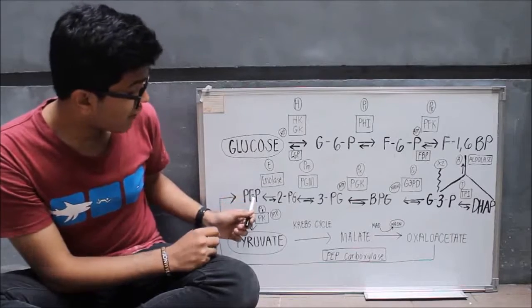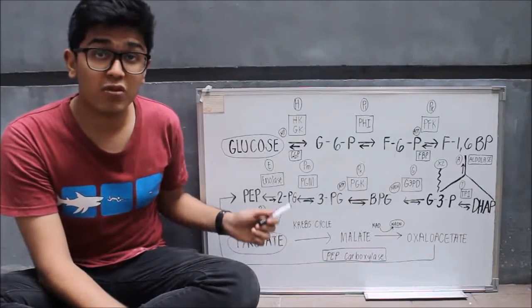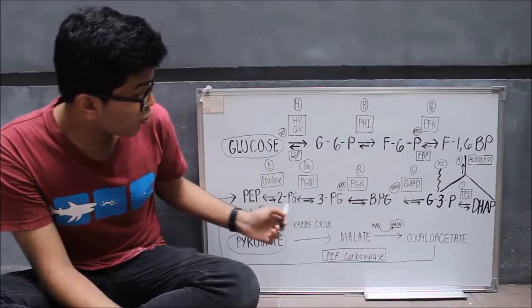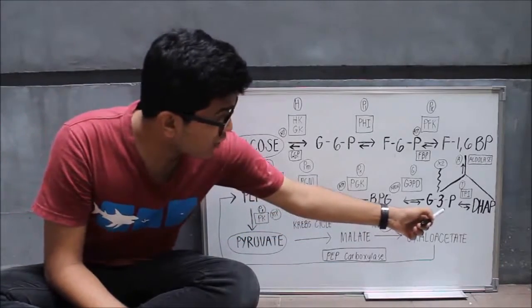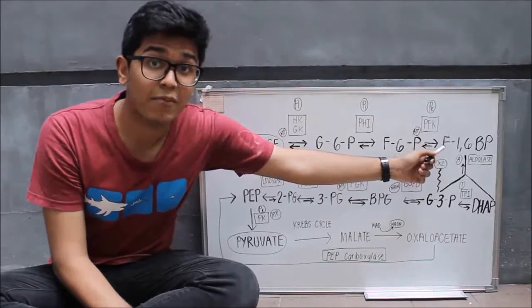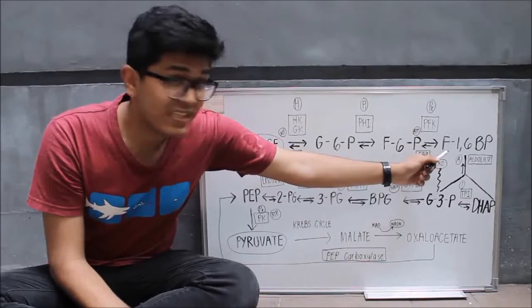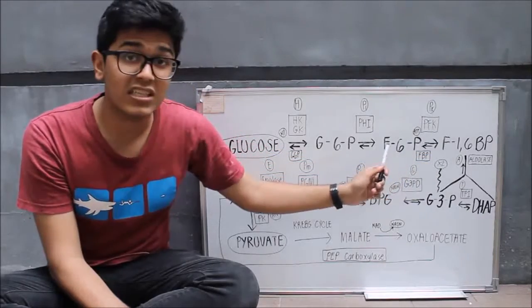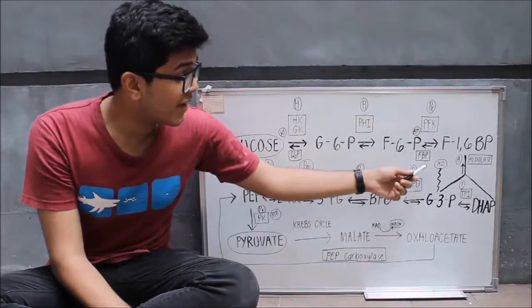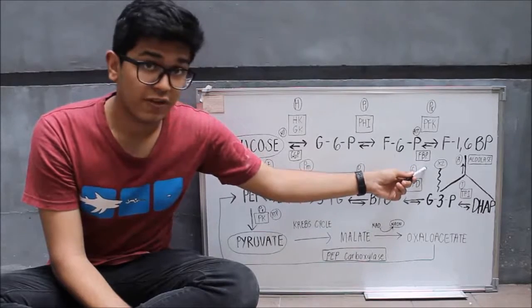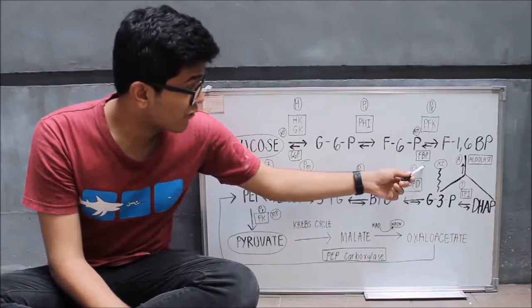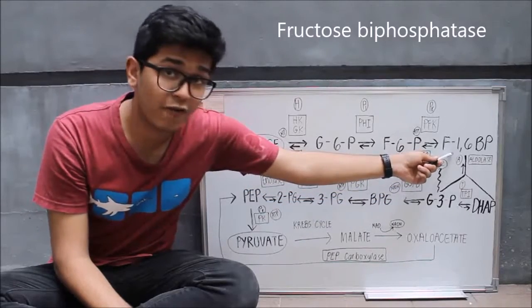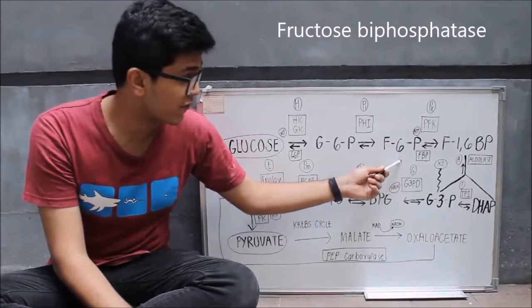Phosphoenolpyruvate would then follow the process of glycolysis in the other way around. So it would go this way, and it would lead to fructose 1,6-bisphosphate. Fructose 1,6-bisphosphate would then be converted to fructose 6-phosphate via the enzyme fructose bisphosphatase. Fructose bisphosphatase is an important enzyme which converts fructose 1,6-bisphosphate to fructose 6-phosphate.